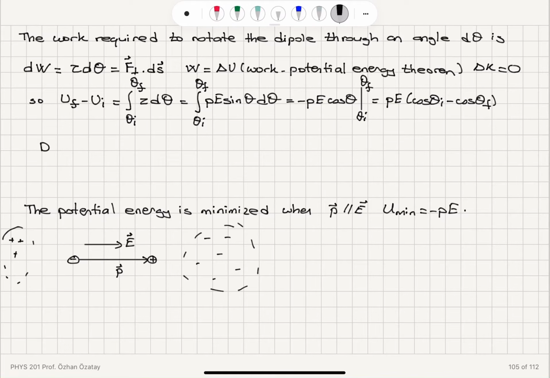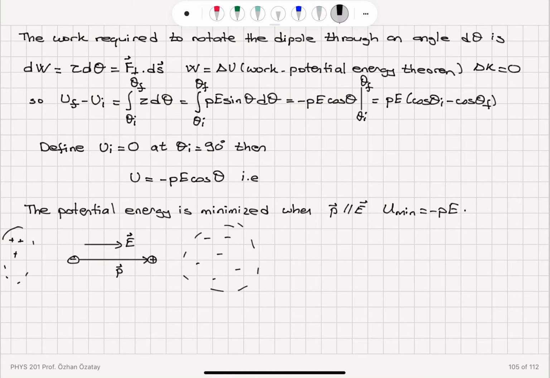Now if I define the potential energy of this system to be 0 when the angle is 90 degrees, then I will have cosine 90 is 0. So this will be minus PE cosine theta final. So the potential energy will be equal to minus PE cosine theta.